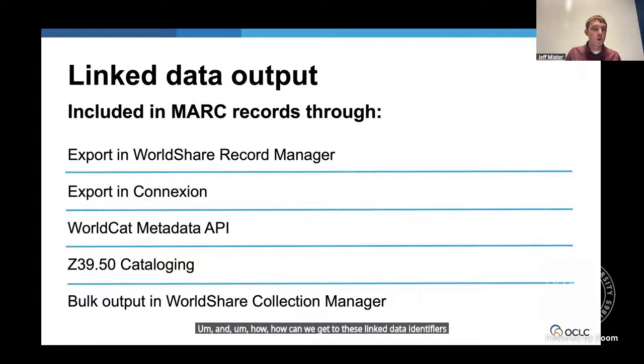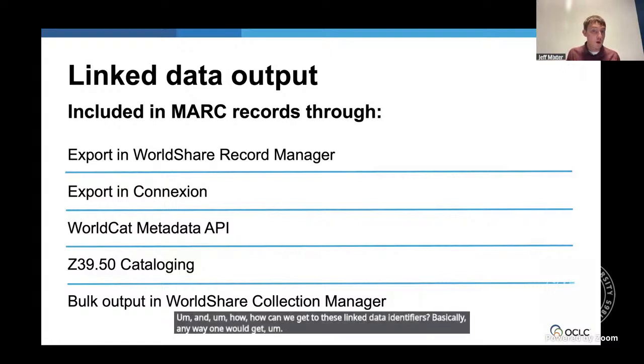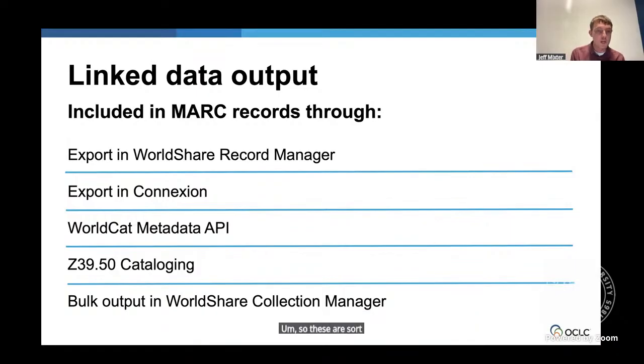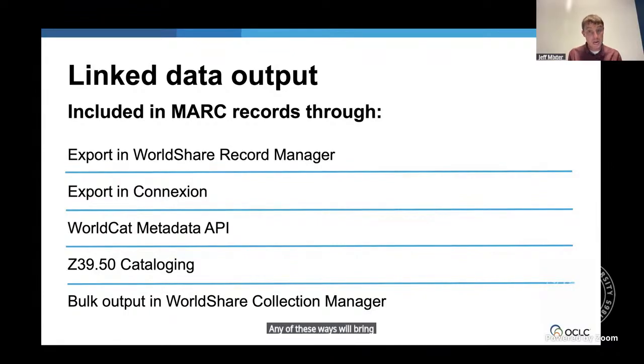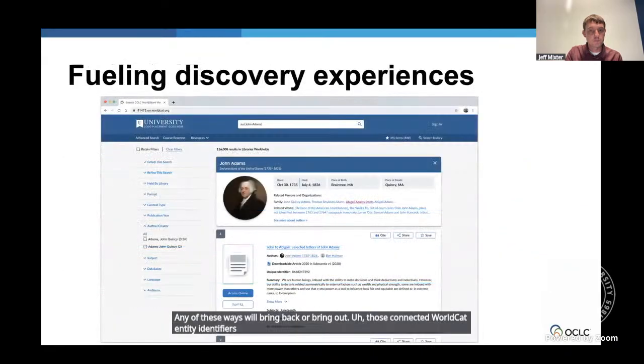Basically, any way one would get a MARC record out of WorldCat, those WorldCat entity identifiers and those DDC linked data identifiers will be in the data. So these are just the common ways people access data out of WorldCat, and any of these ways will bring out those connected WorldCat entity identifiers.